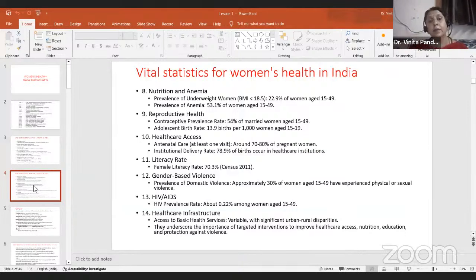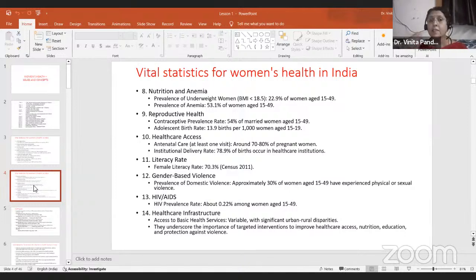nutrition and anemia, especially because anemia is a serious concern with regard to women's health. Anemic women have greater risk of further complications either during pregnancy or during the menstrual cycle. Their challenges can multiply because of their being anemic.